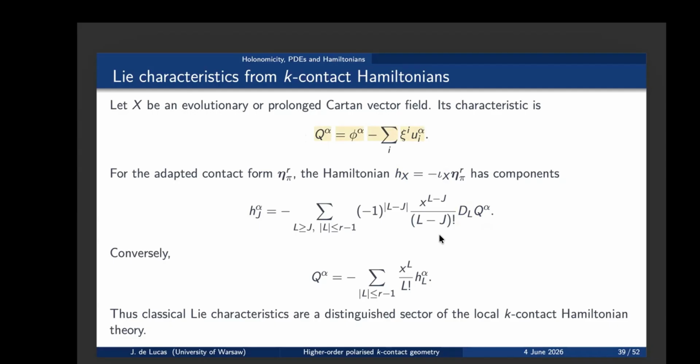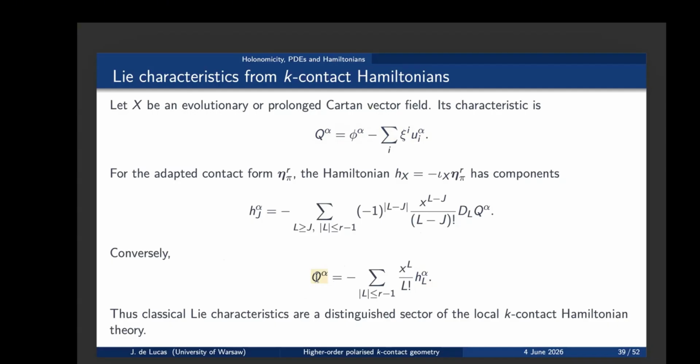So prolongations of vector fields are Hamiltonian, because in K-contact geometry you have Hamiltonians, and this Hamiltonian comes from the characteristic. And not only that, characteristics can be retrieved by means of our Hamiltonian. But this is just a particular case.